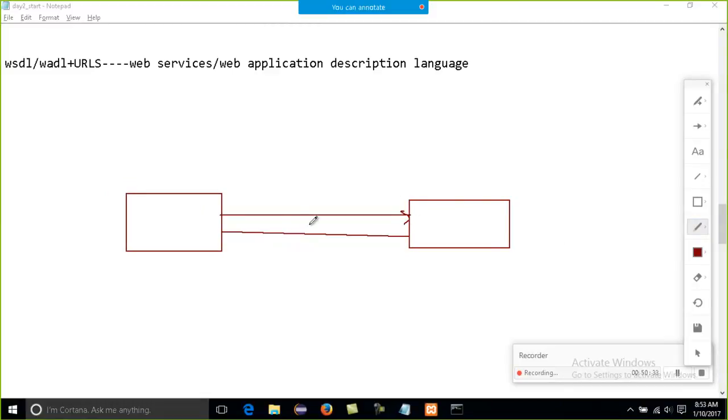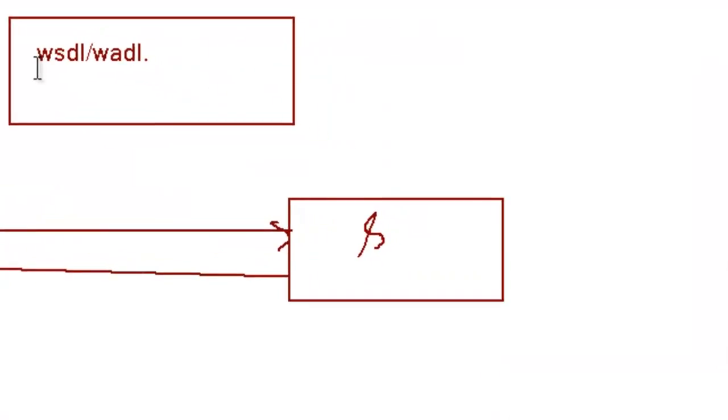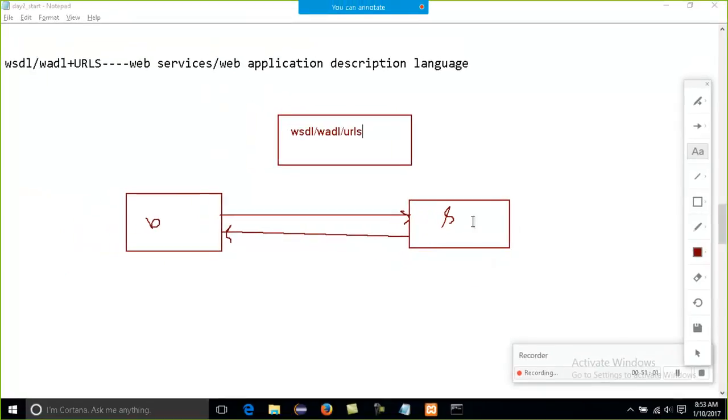How many services that particular web service could provide will be given over here. This is nothing but WSDL or WADL or URL patterns. From here, the server will actually decide how many services that particular web service could provide.